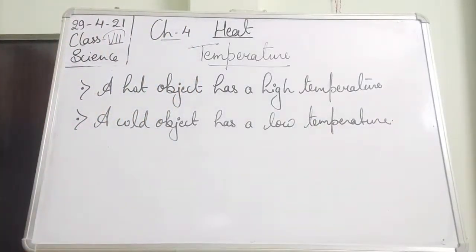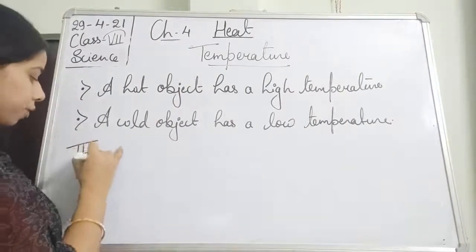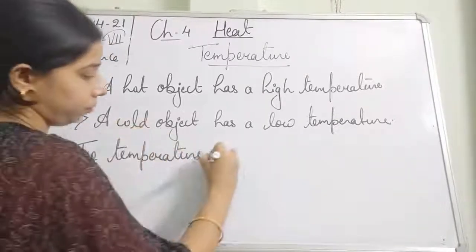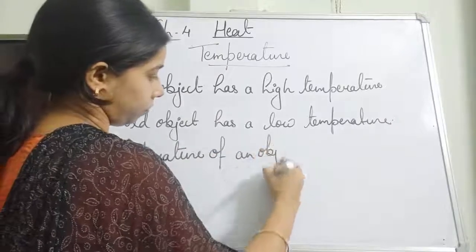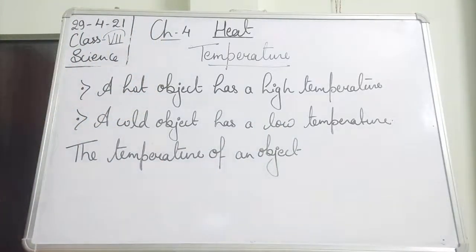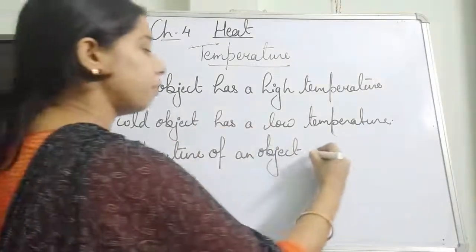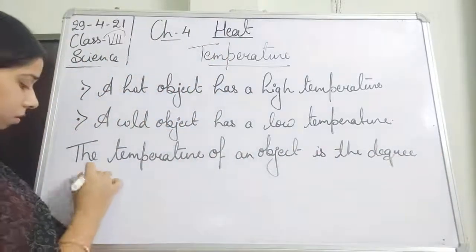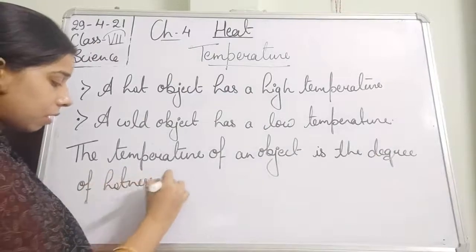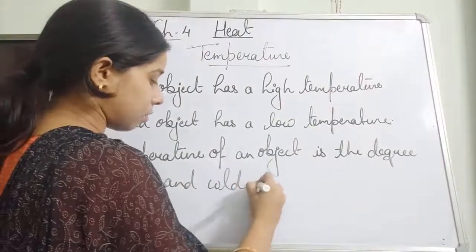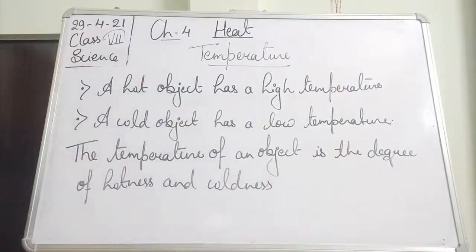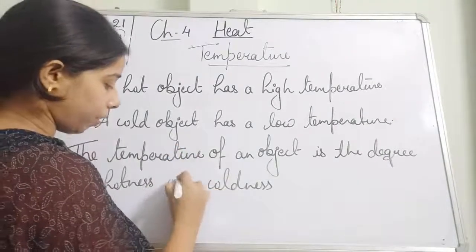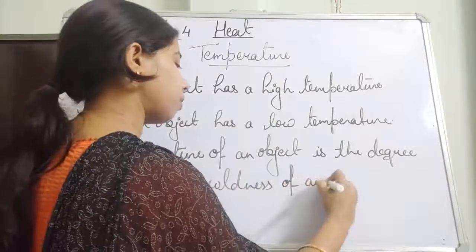So we can say that the temperature of an object is the degree of hotness or coldness of an object.